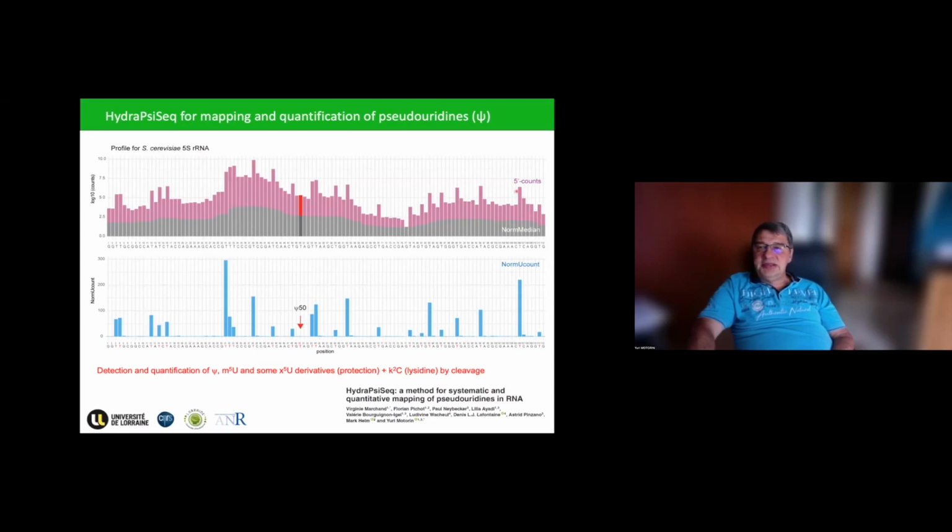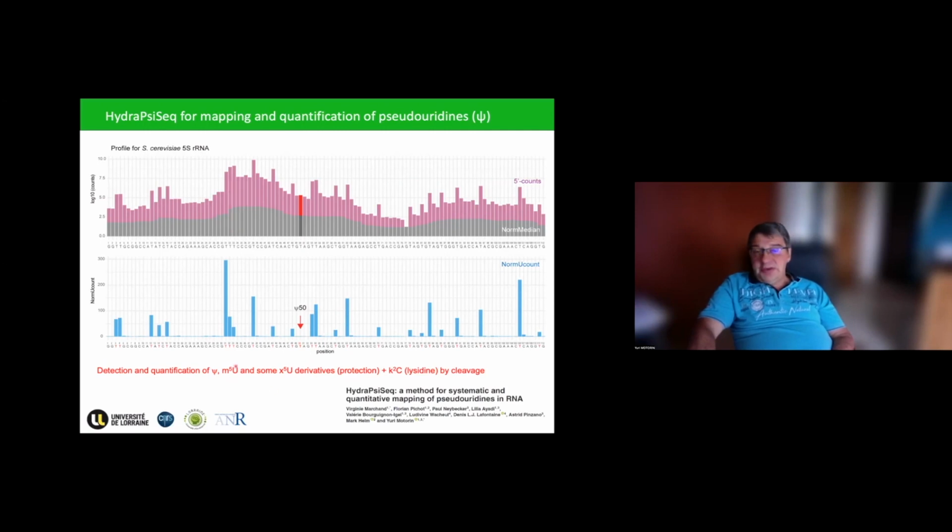And the signals after normalization look like this. So we have cleavages at all U's represented by T residues in the sequence, and the position of pseudouridine 50, which is fully or almost fully modified in ribosomal RNA, is well protected from cleavage. There is no cleavage at all at this particular position.